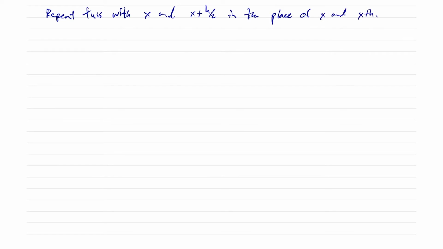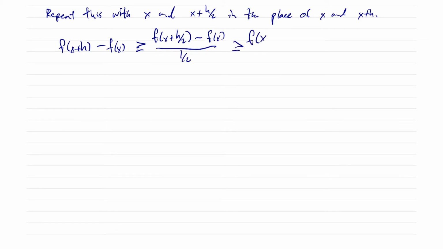And then you get f of x plus h minus f of x is bigger than or equal to f of x plus h over 2 minus f of x divided by 1/2. And this is bigger than or equal to f of x plus h over 4 minus f of x divided by 1/4, right?